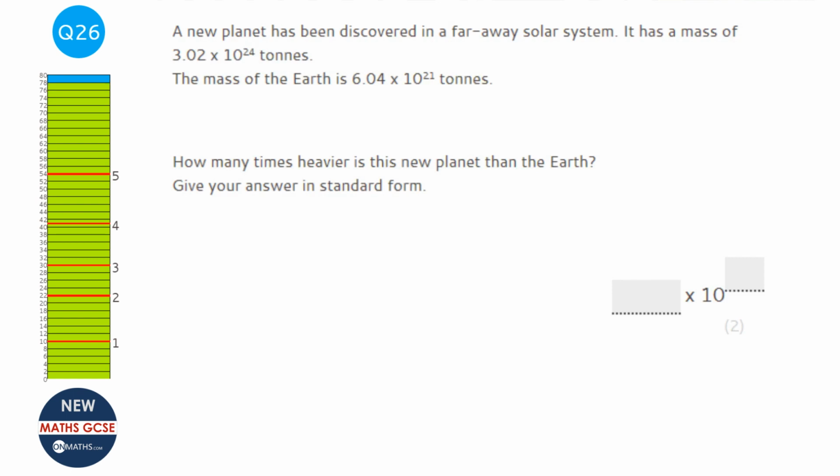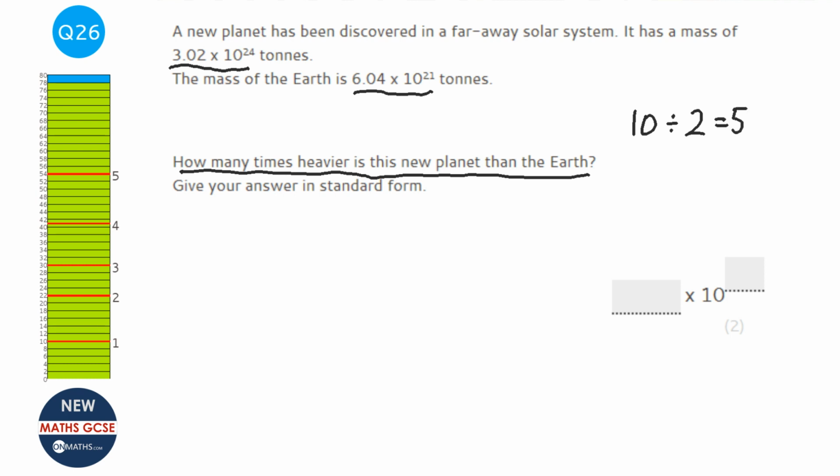So we have a new planet that is that weight, and we've got the mass of the Earth. So we've got 2 masses, and we're asked how many times heavier is the new planet than Earth. So if the new planet was 10 and Earth was 2, then to work out how many more times heavier it is, we just divide it.